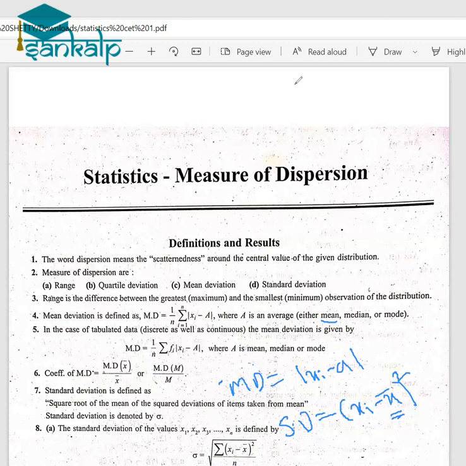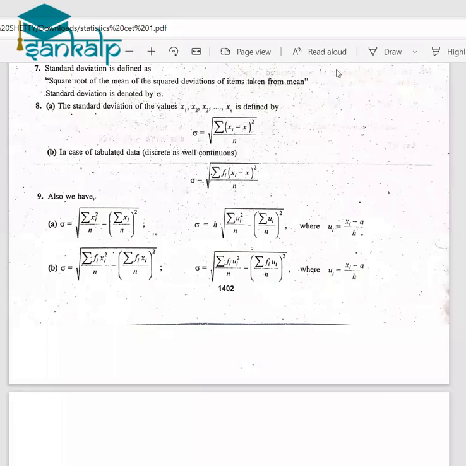So we will discuss this. We will continue with the formula with respect to grouped data. We were discussing the formula for standard deviation with respect to ungrouped data.